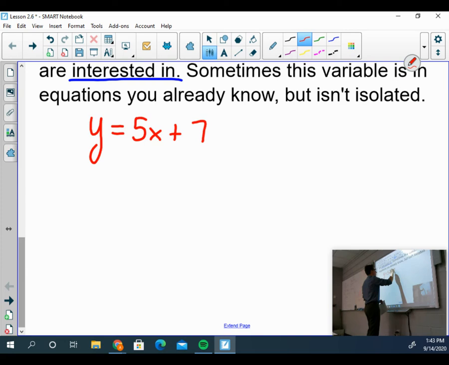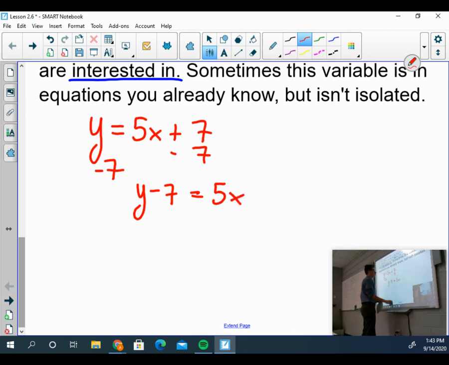But let's say I want to get x by itself. Let's say I know y, and so I'm going to get x by itself. What's my first step? Subtract 7, just like we've been doing for a few sections now. Move that constant first, then we will deal with the multiplication or division that's attached to the variable.